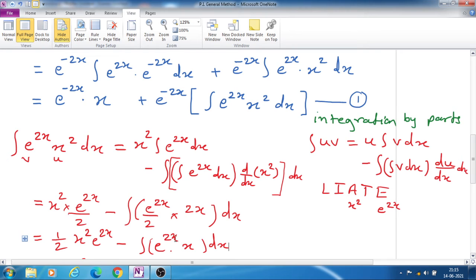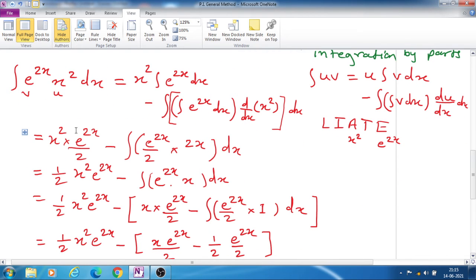Now next, this is equal to x square into the integral of e raised to 2x. The integral of e raised to 2x is e raised to 2x divided by the derivative of 2x. The derivative of 2x is 2. Therefore e raised to 2x upon 2.